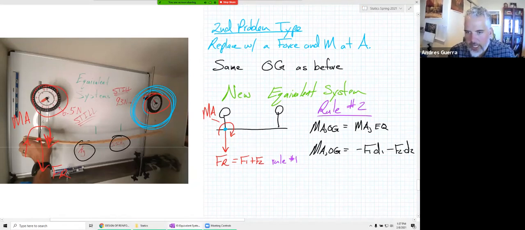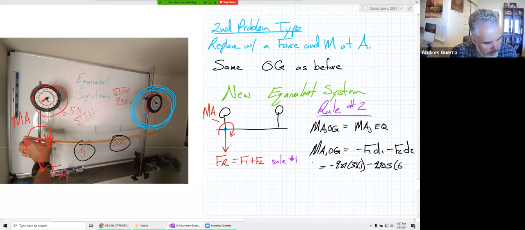And if we plugged in those values there, we'd have a minus 9.81 times 38.1 minus 4.905 times 61, and that's going to get us a minus 672.97 Newton centimeters.